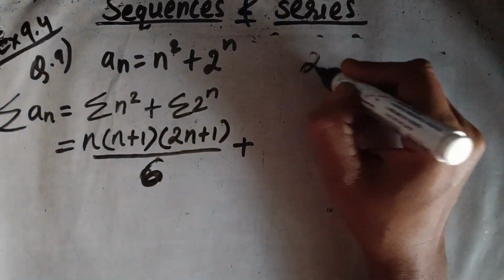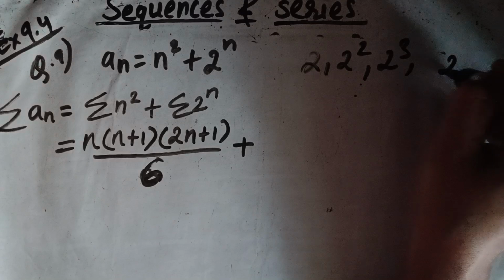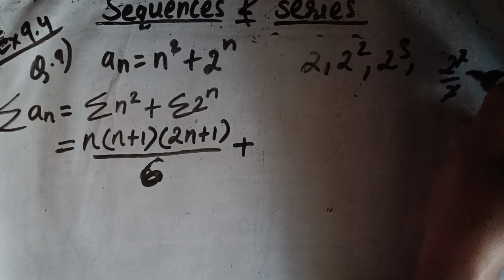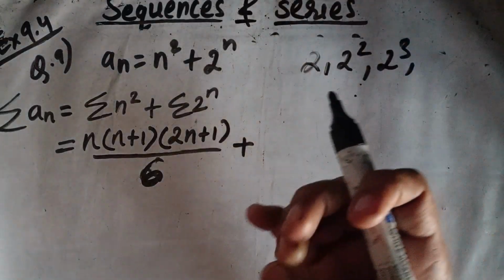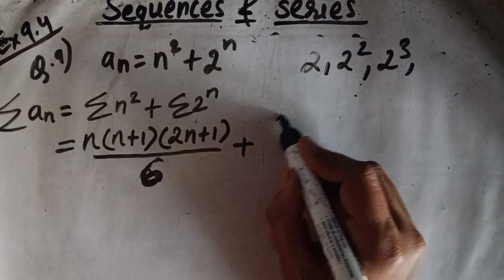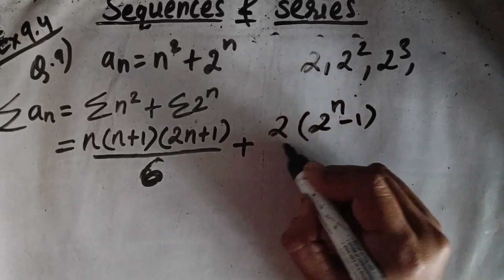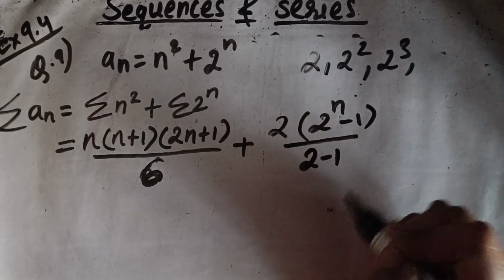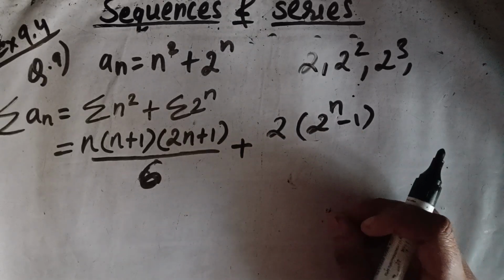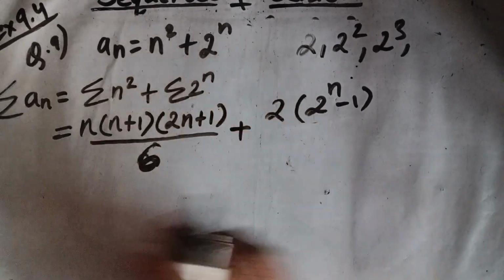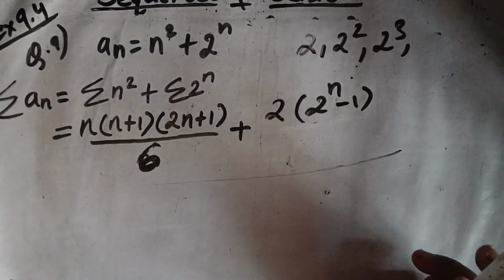Because this is 2, 2 square, 2 cube, the ratio is 2 square by 2, which is 2. So the sum is given by a into 2 raised to n minus 1 upon 2 minus 1. So this is 2 into 2 raised to n minus 1. So this is what our sum looks like.